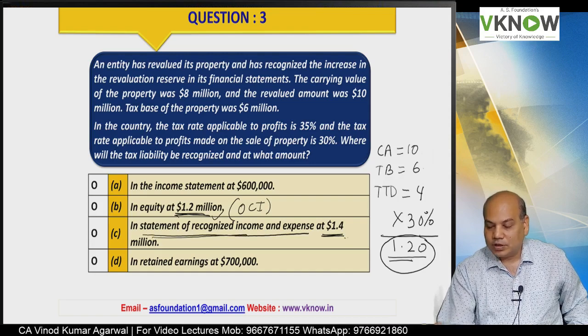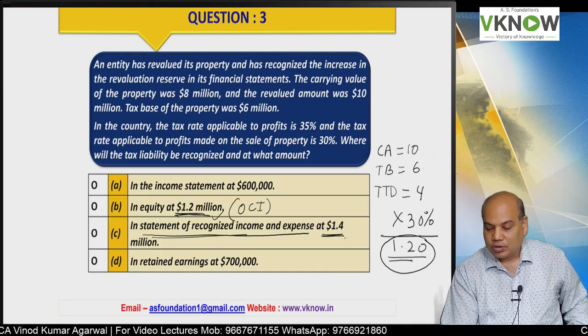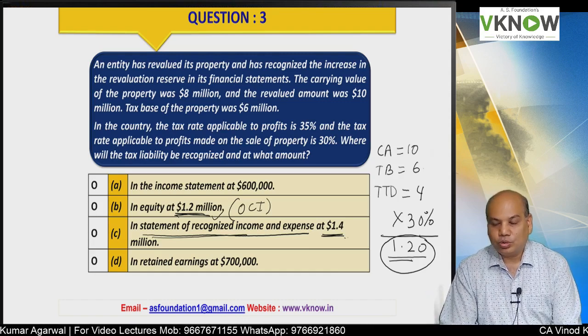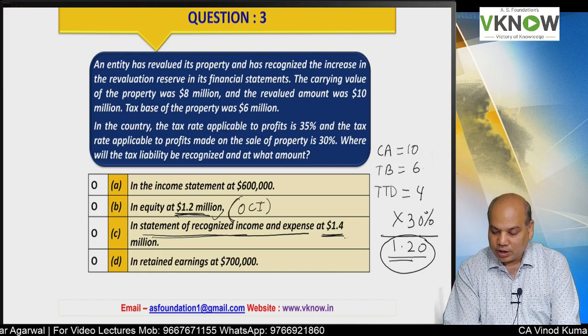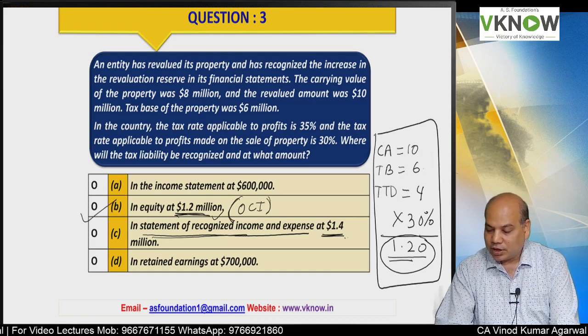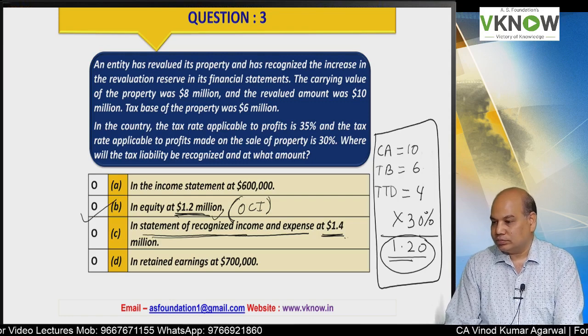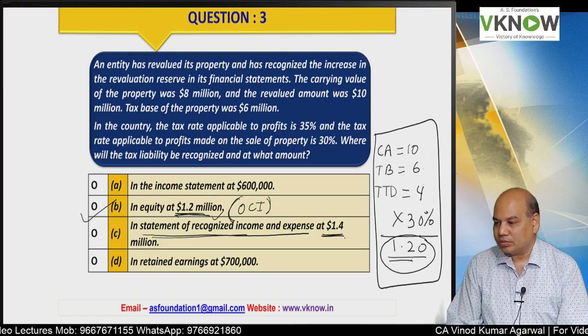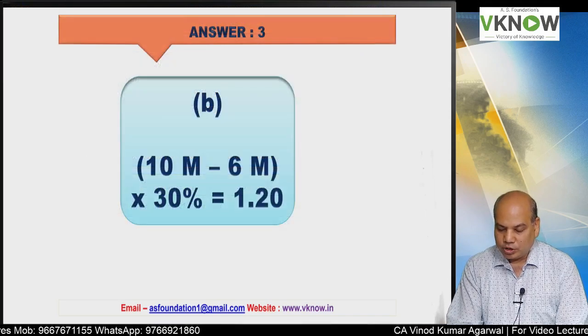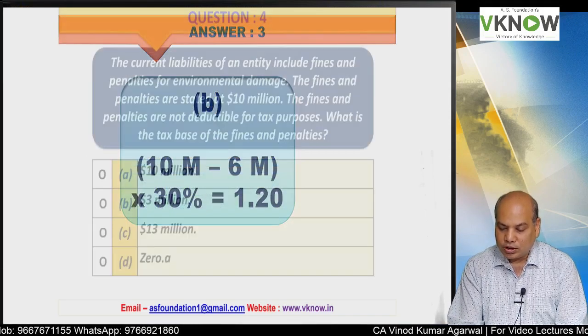Because the difference is due to revaluation, we have to take the deferred tax liability into OCI. So you write in bracket OCI and tick mark option B and write this calculation if you want: 1.2, 10 minus 6 into 30%.